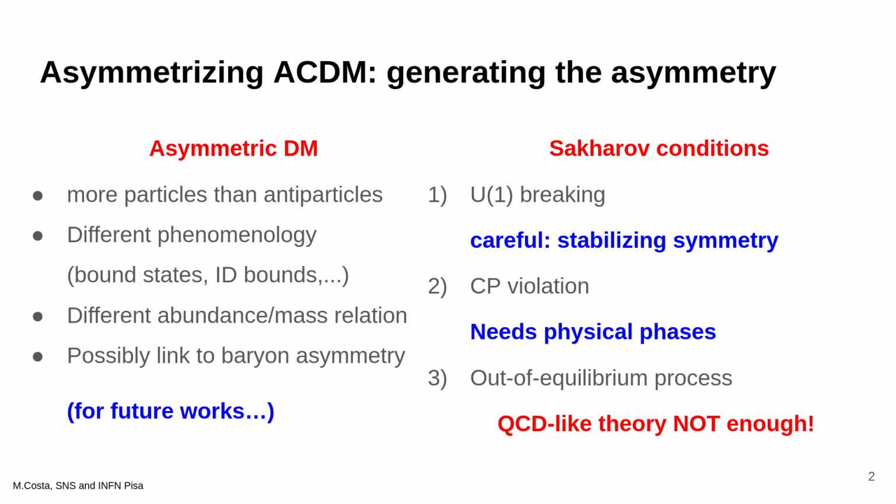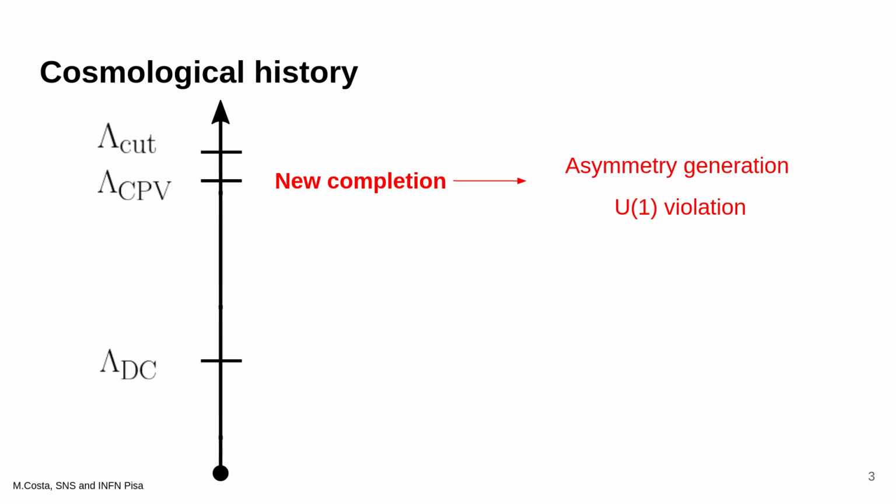Already, by looking at points 1 and 2, it's clear that QCD-like theories are not enough to generate the asymmetry, because they do not have any U(1) breaking interaction, and also they do not have any CP violating term if the theta angle is set to 0. So, what we must do is to consider a new scale, lambda CPV, at which some new fields and interactions appear.